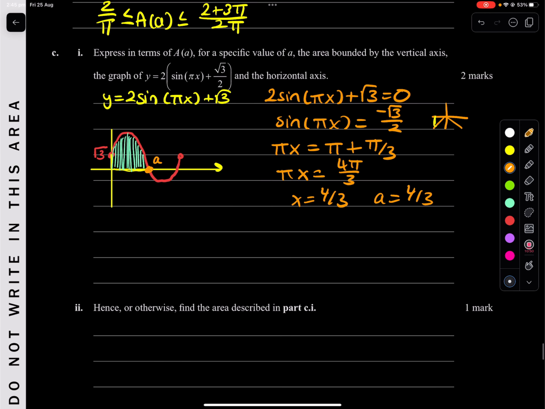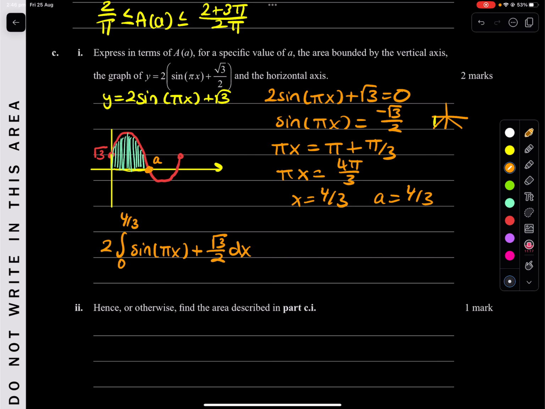So we can write, if we were trying to find the area, it's this. We're going from 0 to a, which is 4 on 3, of this equation, which is, take the 2 out, sine pi x plus root 3 on 2 dx.